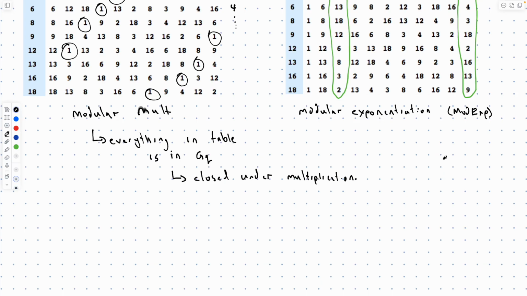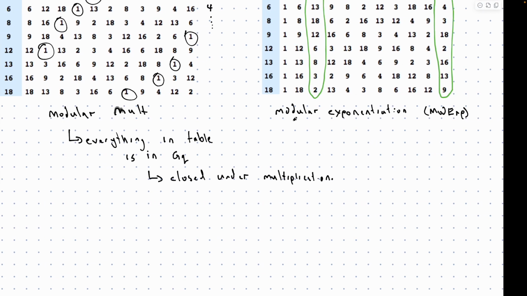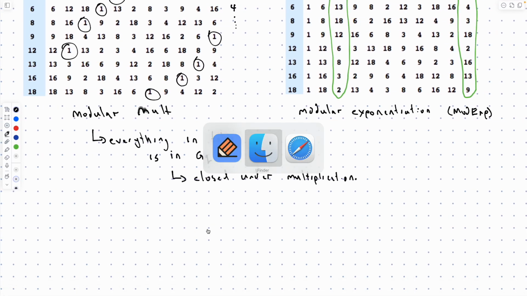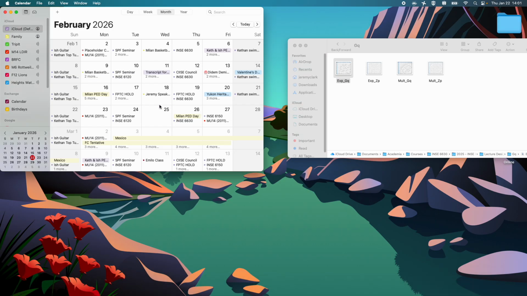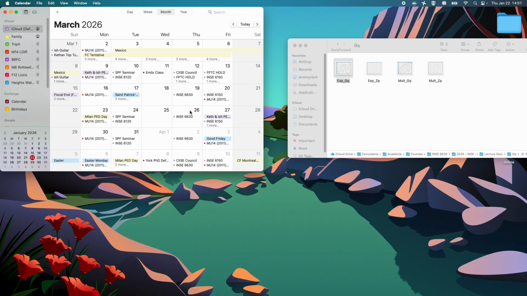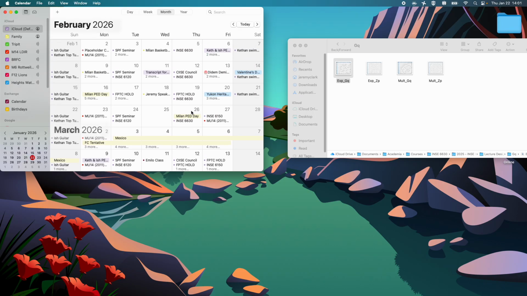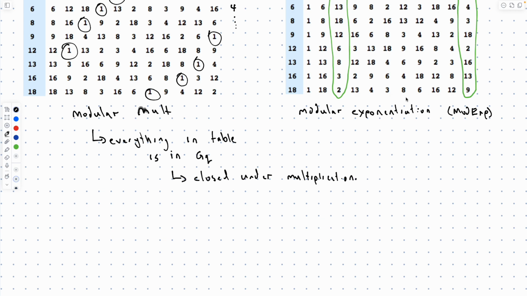Luckily, I think it's one of those weird months where February and March have the same dates. Let me just check that. Yeah, okay, so notice that Thursday, March 26th and February 26th are also the same. Why do they have the same numbers on the same days?